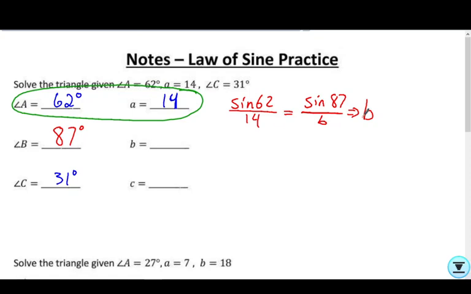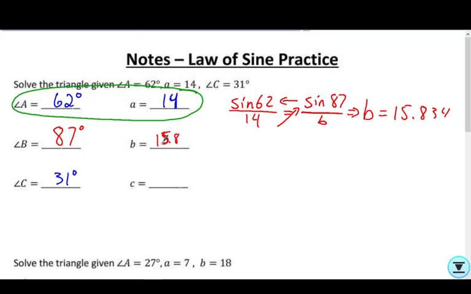So it's 14 times the sine of 87 divided by the sine of 62. We've been cross multiplying for a while, so this should be really easy for you guys. And when you plug that into your calculator, you find that side B is 15.834. So we got side B.